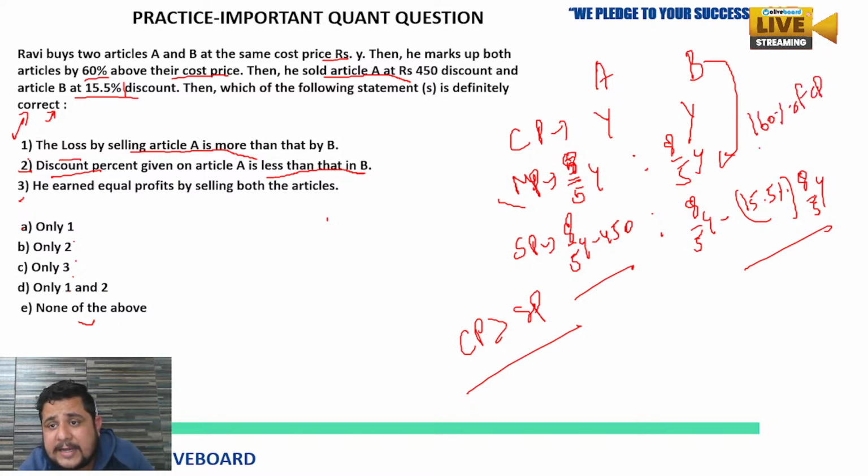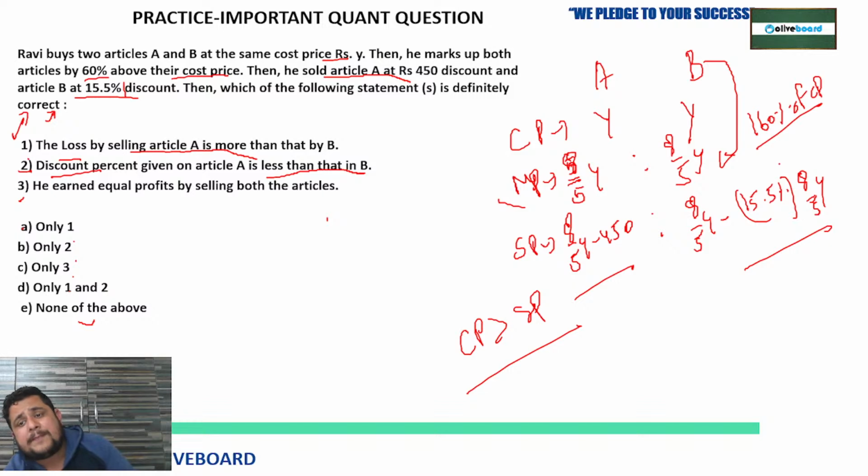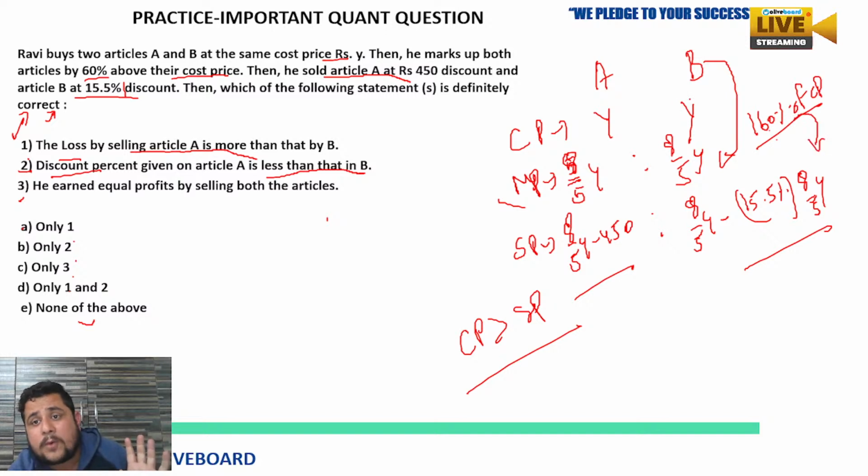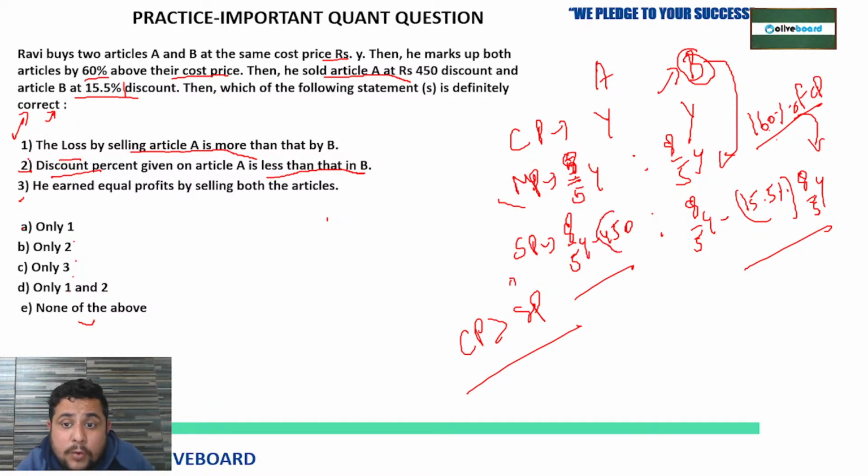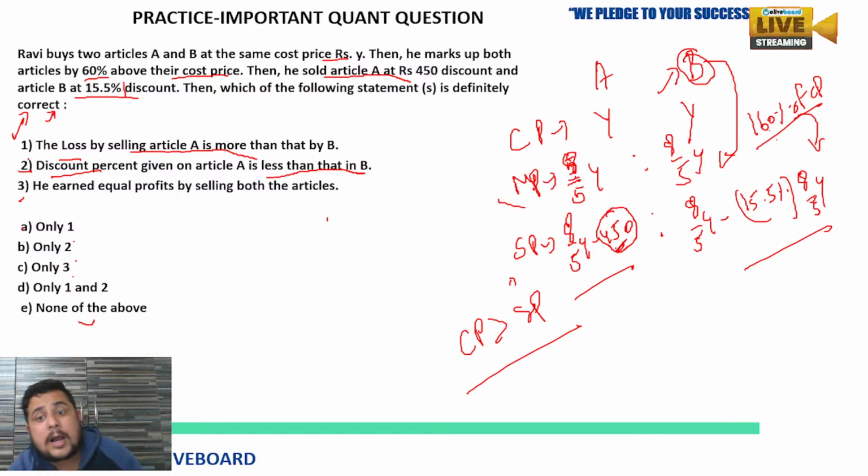And if you give almost 15.5%, meaning 16% you can say, even if you allow 16% discount, then also you will get profit on article B. Obviously, I am talking about article B. We don't have any data to decide whether on article A we are getting profit or loss. Because 450 rupees discount is given, and we don't know how much with respect to cost price 450 is how much percent. So we cannot compare, right?